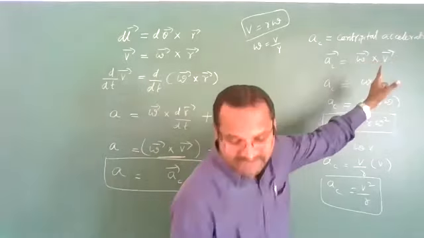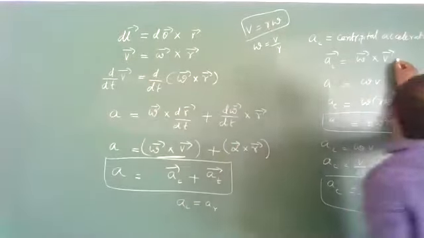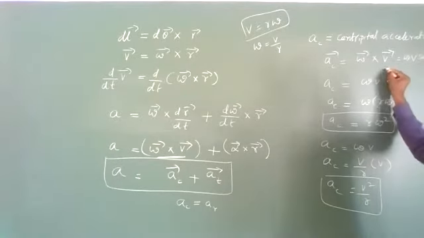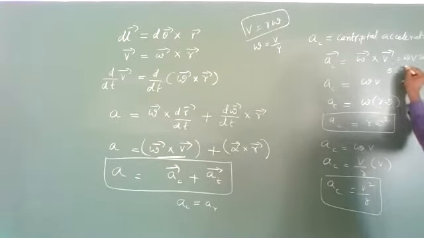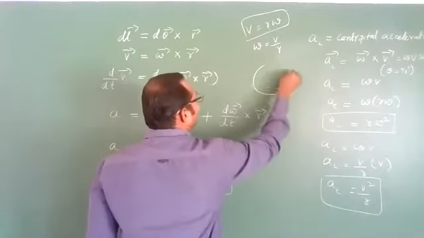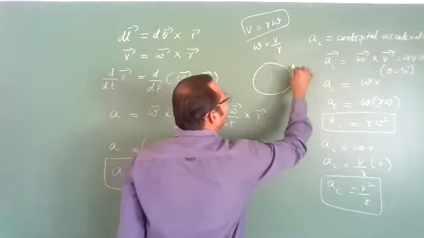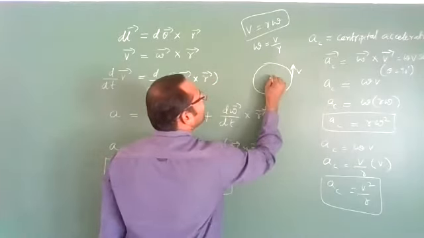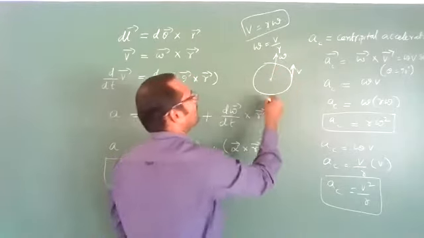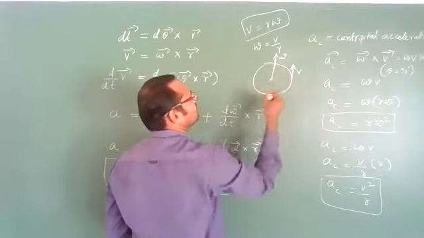Cross product is there, so we have to write it as omega v sin theta. Since theta is equal to 90 degrees. Why 90 degrees? Because if you take a circular path like this, V is in this direction, whereas omega is in this direction. I can't draw like that, so I am drawing like this.